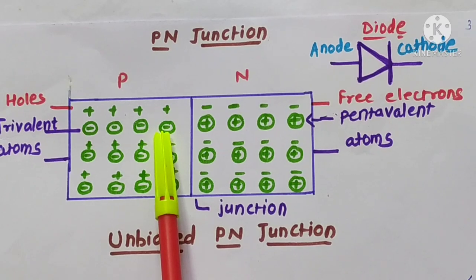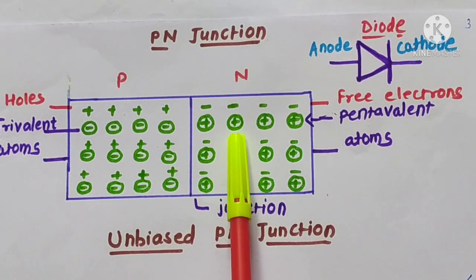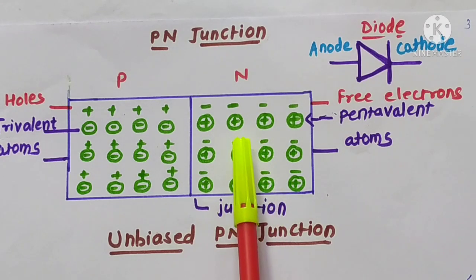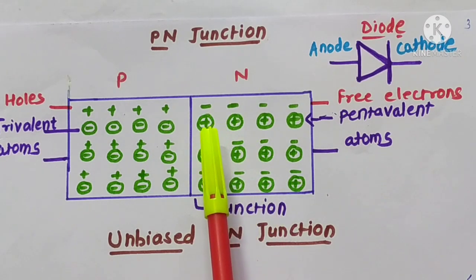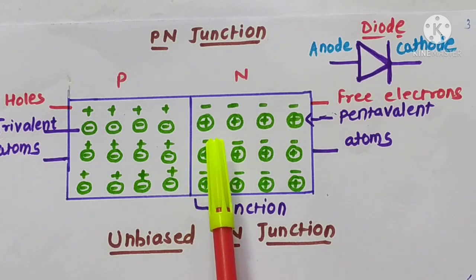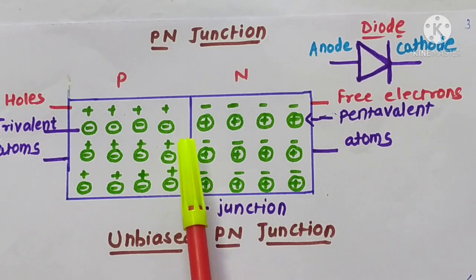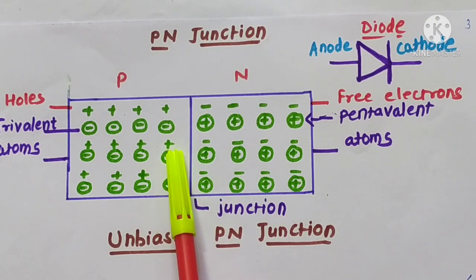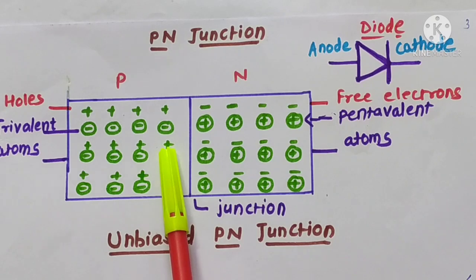So every time an electron diffuses from the n side to the p side, it creates one positive and one negative ion near the junction. Now these ions are immobile, meaning they are not free to move. Unlike free charge carriers like electrons and holes, they cannot move.